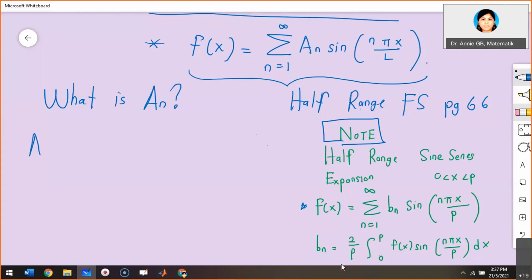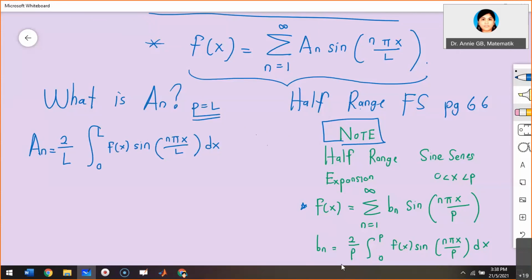So what is my a_n? We can directly take the result: 2 over p, which is 2 over L, integral from 0 to L, this is my p equals L, f(x) sine n pi x over L dx. There you go. This is my solution for a_n. So what is my final solution? We want to find u.